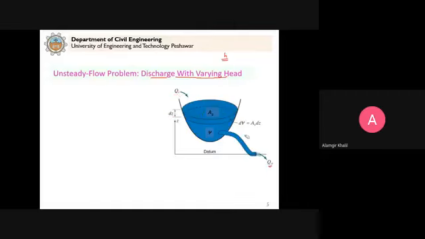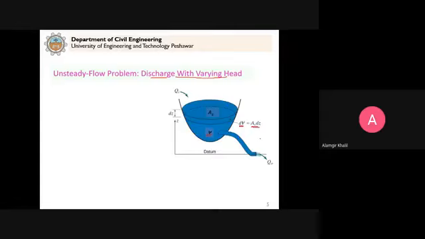Similarly, for volume, we use this notation. We follow this notation because we are using v for velocity. To differentiate it from the velocity notation, we will denote volume by this. Now dV is the change in volume, which will be the surface area multiplied by the change in water level.